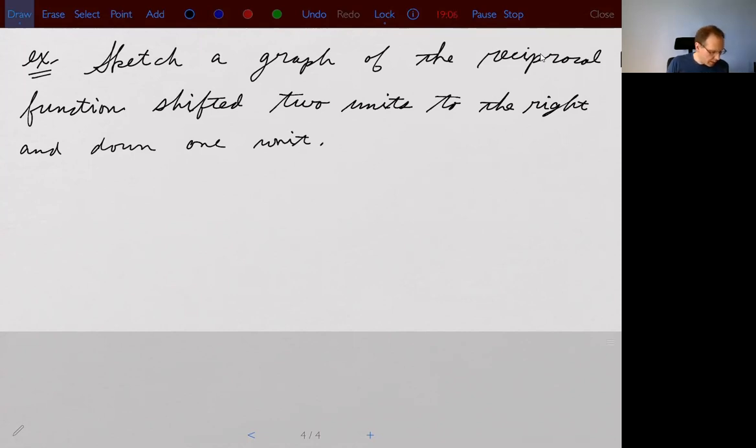And then once we do that, we want to identify the horizontal and vertical asymptotes.